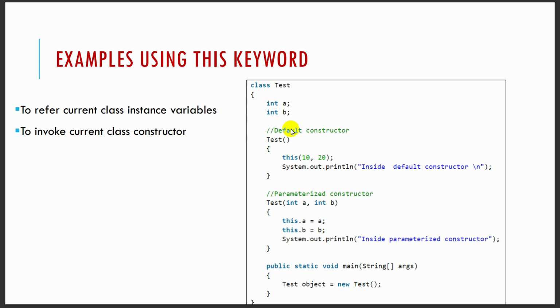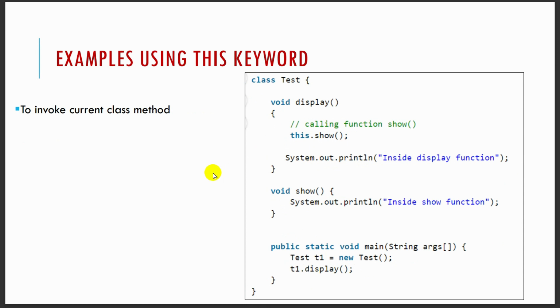So this here refers to this class. If you want to activate a constructor, we put the parentheses and parameters right away next to the this keyword. However, if you have some method inside this class, you can also write this dot method name.